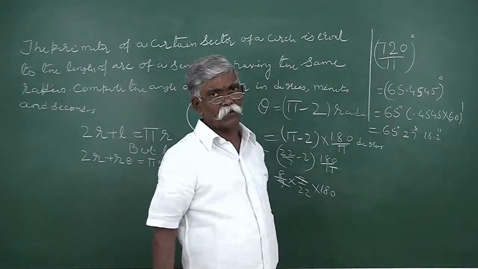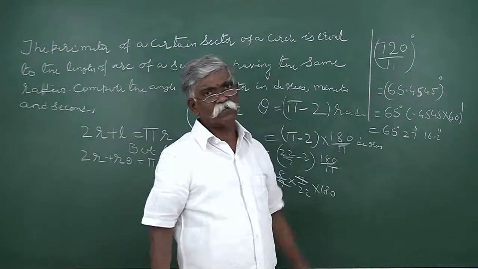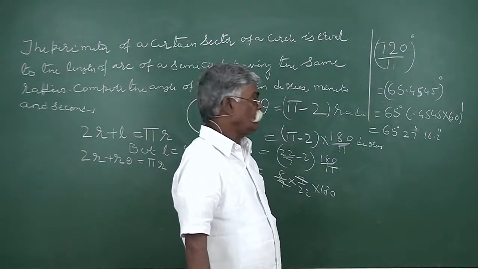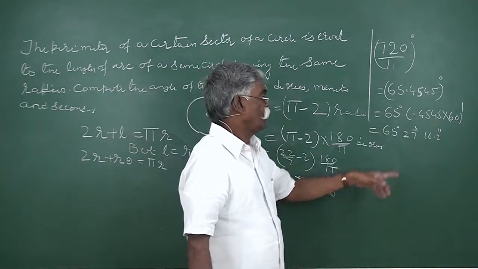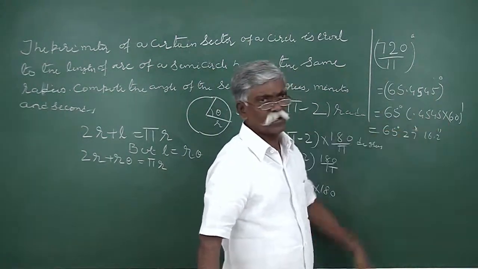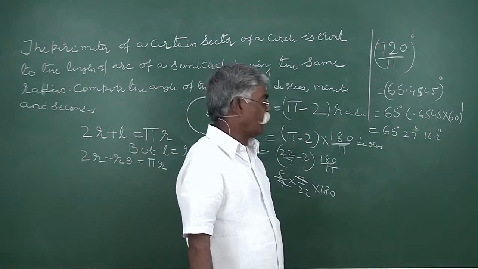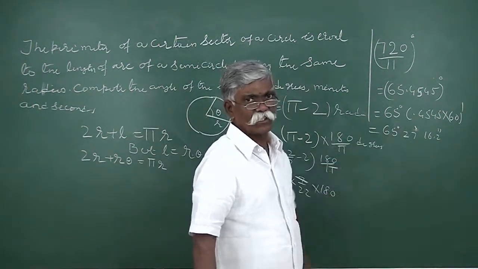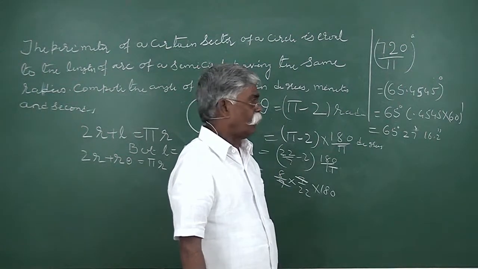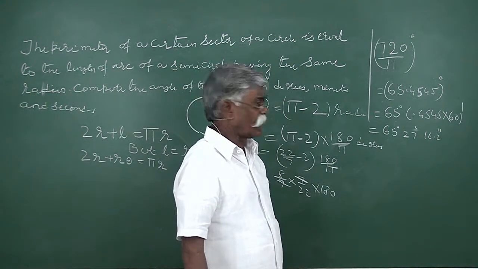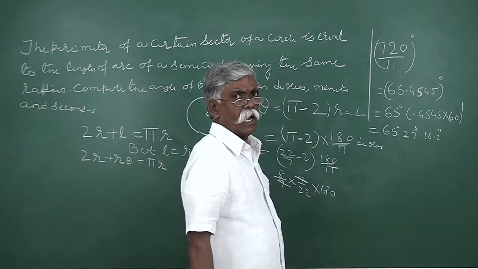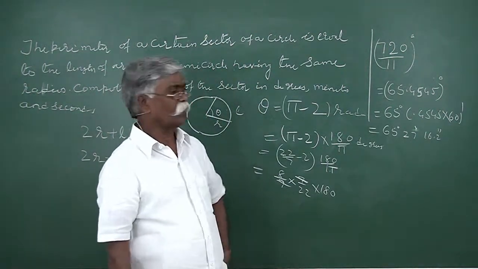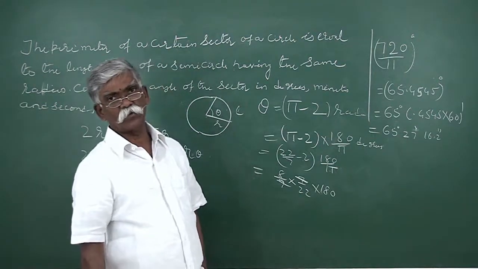And finally we have got 720 by 11. By actual division, it is 65 into 0.4545. So 65 degrees, and when 0.4545 is multiplied by 60, we will get minutes, 27. And the remaining part is once again to be multiplied by 60 to convert it into seconds. Therefore the angle is approximately equal to 65 degrees, 27 minutes and 16.2 seconds.